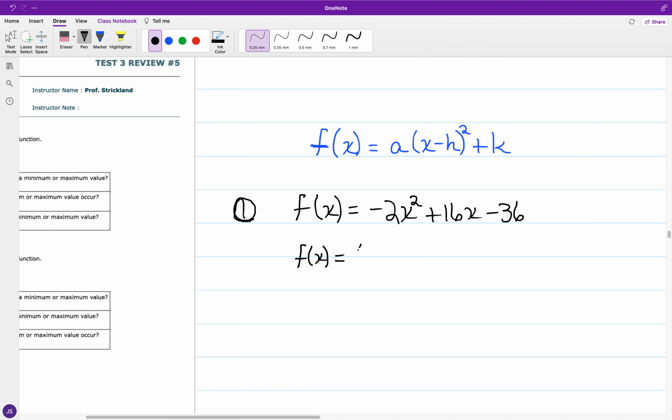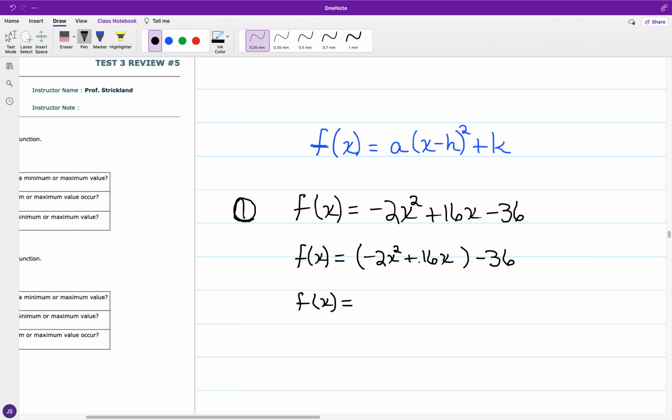So we have f of x equals negative 2x squared plus 16x, followed by the subtraction of 36, creating the pathway to ultimately factoring by grouping. For what I have in the parentheses, if you did this beforehand, that is perfectly fine.